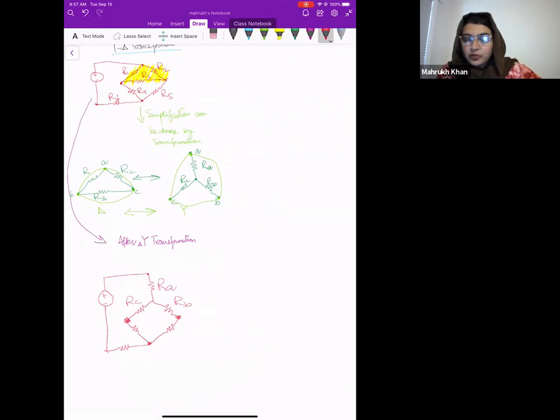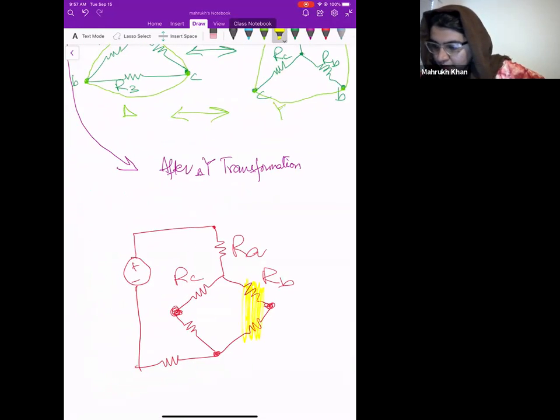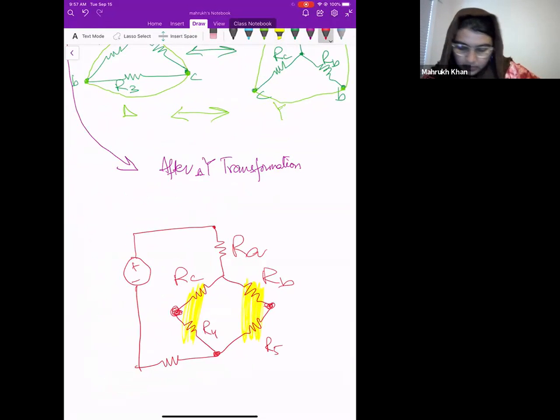Yes, so you can see that these two resistors are in series now. And similarly, these two resistors too, right? This one was R5, R4, and this is R6, okay? So these are in series.